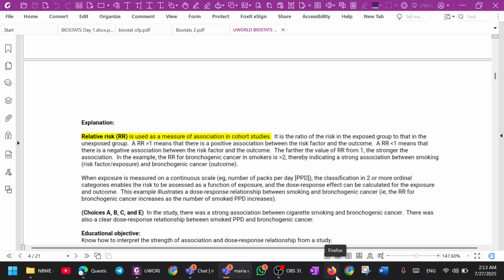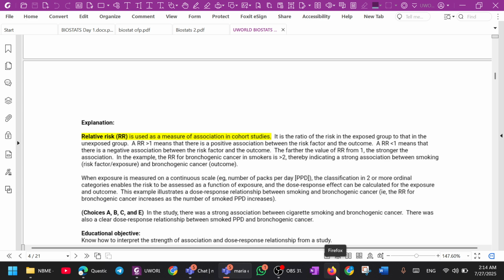A relative risk less than one means that there is a negative association. The further the value of RR from 1, the stronger the association. In the example, the RR of bronchogenic cancer in smokers is more than 2, thereby indicating a strong association between smoking, the risk factor exposure, and bronchogenic cancer, the outcome.